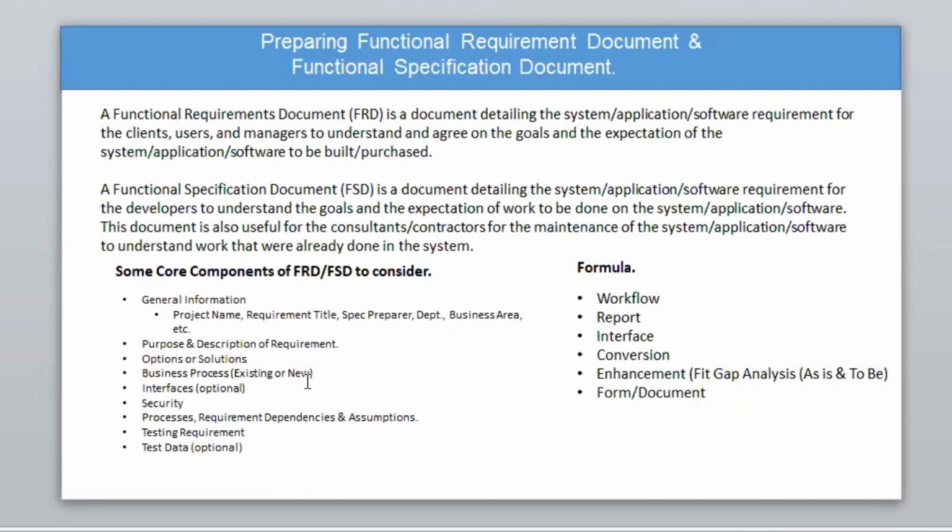If they want you to write an FRD, they will have an existing template that you can use to write it. And if they do not, there are a lot of templates out there that you can use to tailor to meet your requirement. And also the same thing goes for the functional specification document. The organization, 80% of them will already have a template for their own functional specification that you can definitely use.